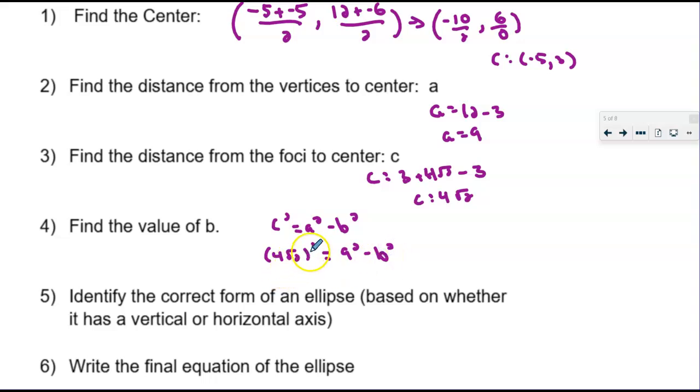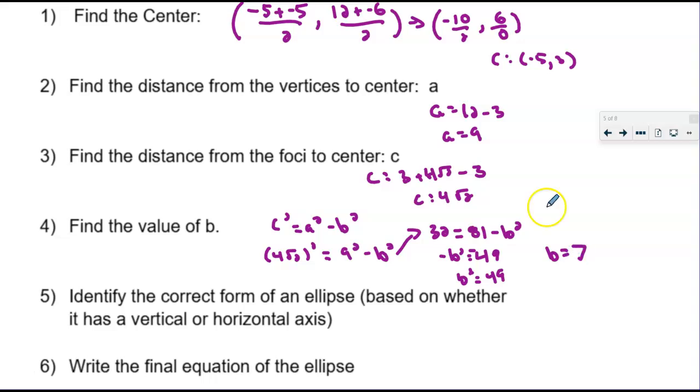So we know 4 square root 2 squared equals 9 squared minus whatever B squared is. 4 square root 2 squared is 32. And then we have 81 minus B squared. I get negative B squared to equal negative 49. And you guys got B squared to be 49. So that means that B is 7.